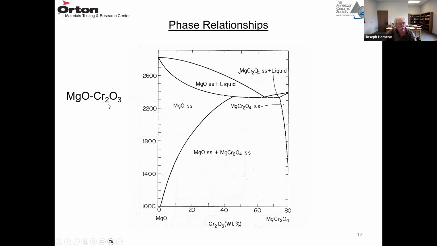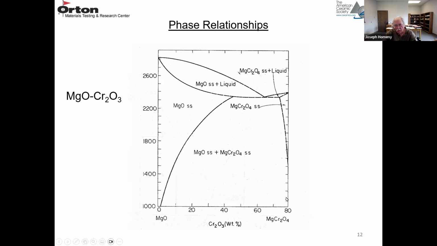And then the MgO Cr2O3. This is MgO on the left-hand side. It melts around 2800 degrees C. And this is the spinel MgCr2O4. That's 80% and 80% Cr2O3.